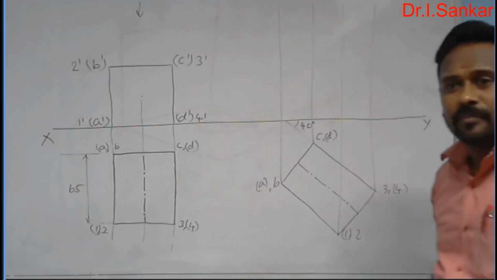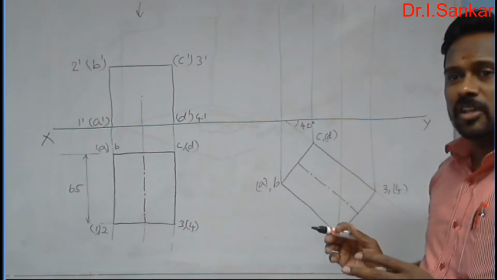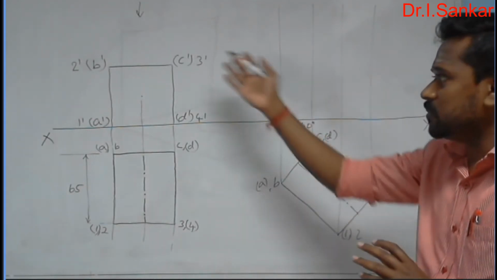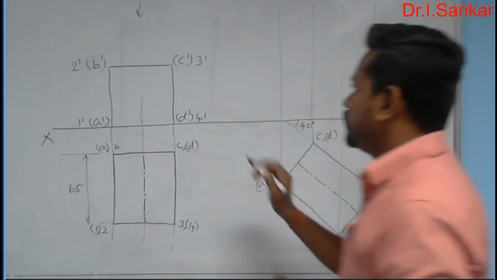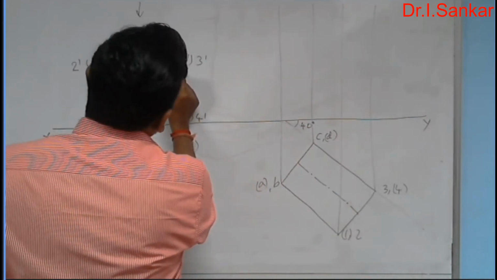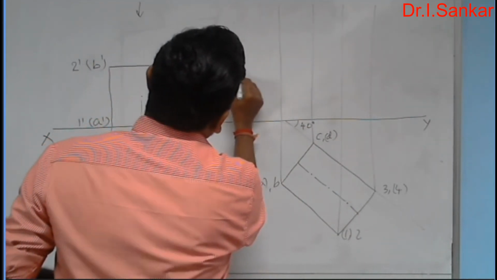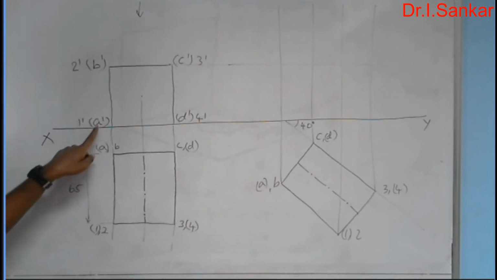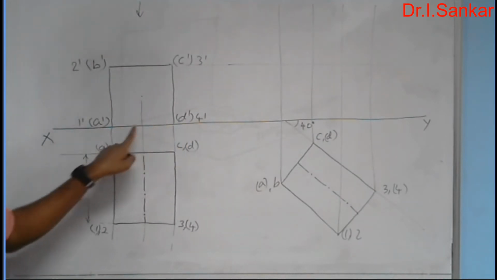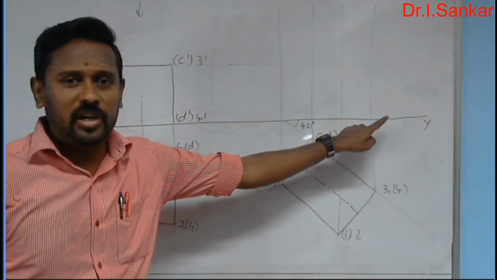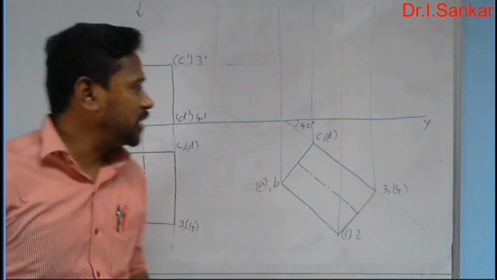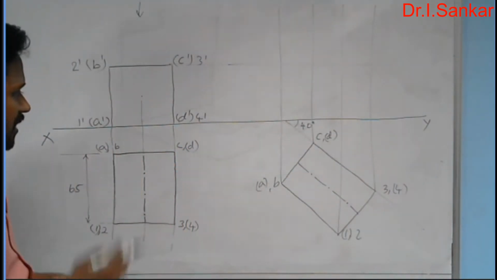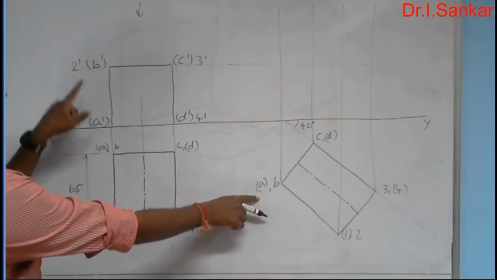Yes, projector. At the same time you have to obtain the horizontal projectors from the previous front view. And the projectors for A dash, D dash, 4 dash come along the XY line. You need not draw them again. Now identify the points starting from A dash.